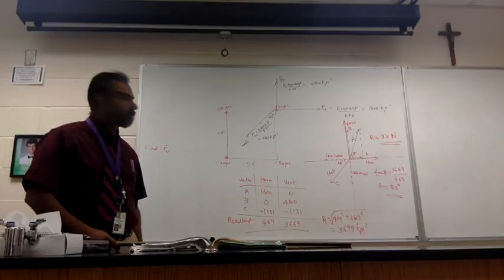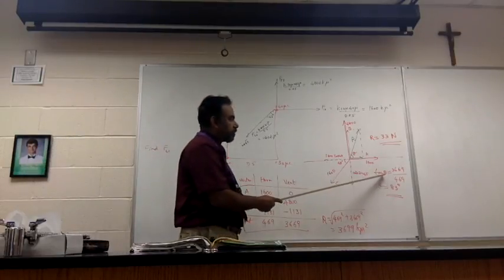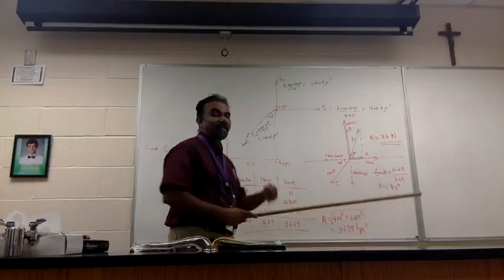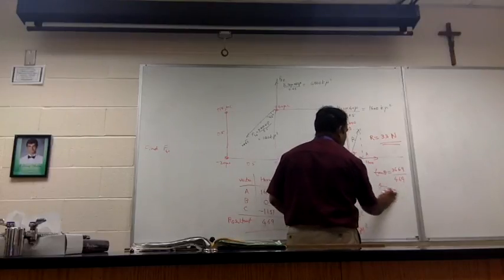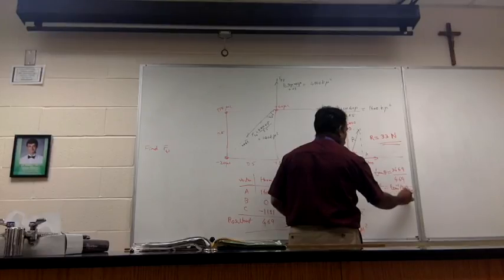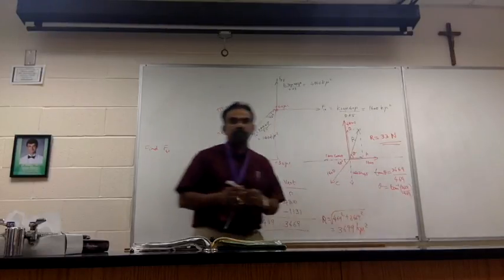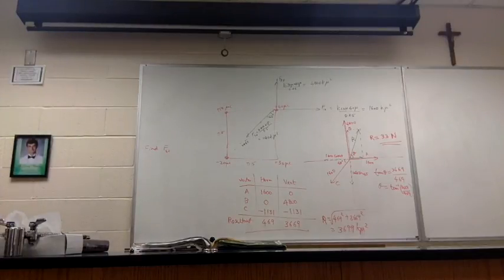What was the last calculation you did? The last calculation is tan of the angle is this ratio. So to find the angle, you do tan inverse of 36.69 over 4.69. Make sure your calculator is set into degrees because we are talking in terms of degrees.